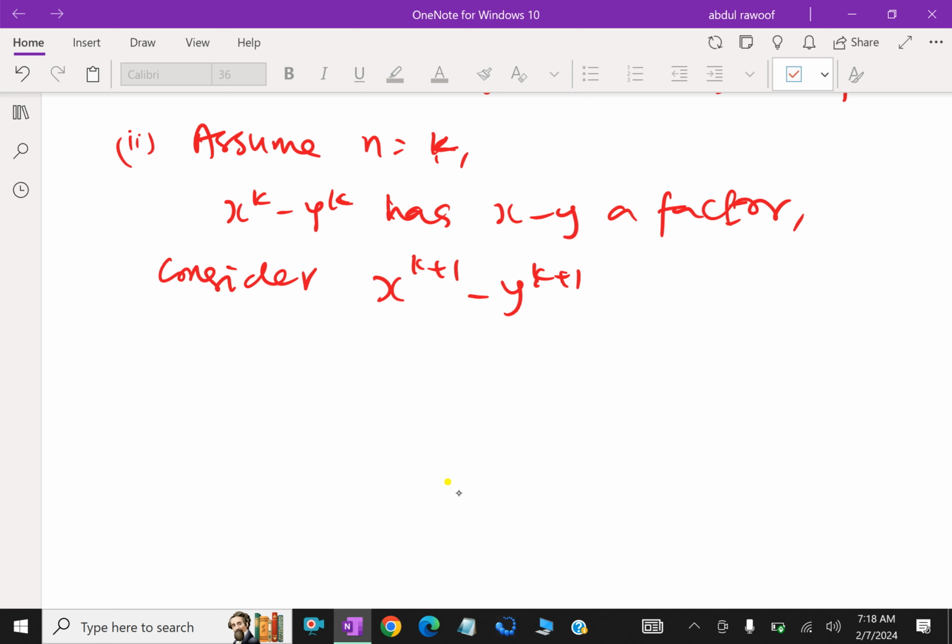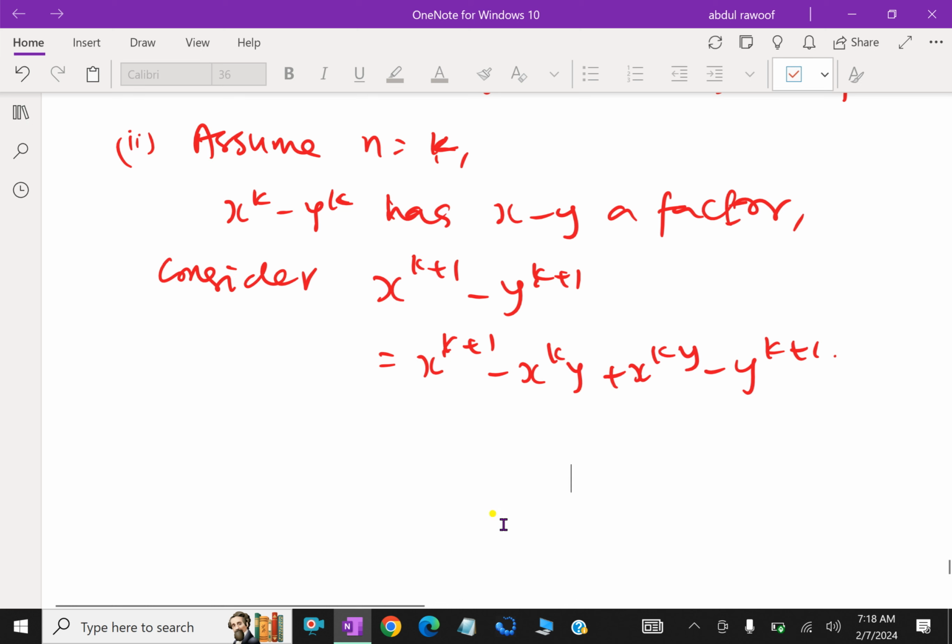Now this is equal to x power k plus 1 minus x power k y plus x power k y minus y power k plus 1.